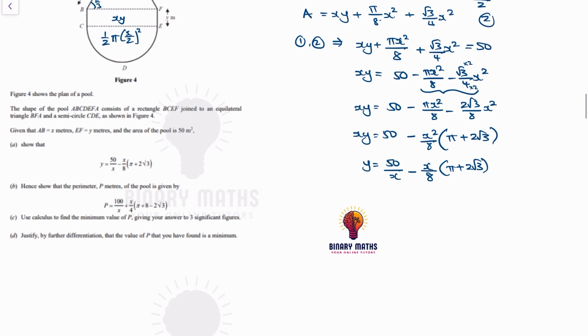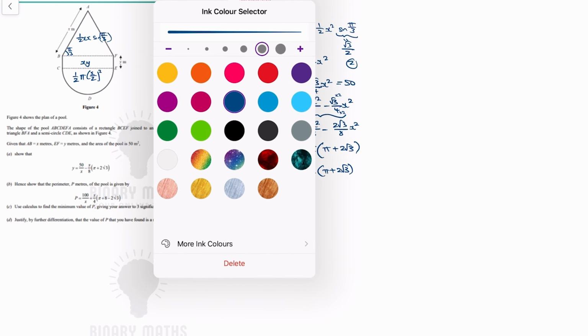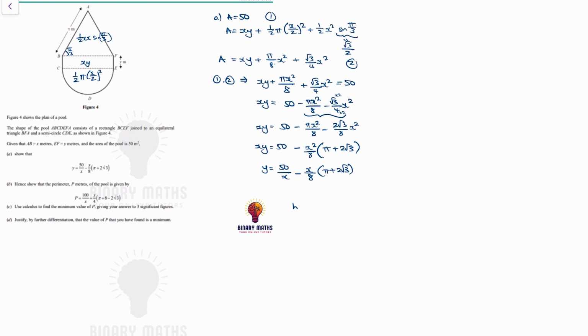Okay, part B. Hence show that the perimeter P of the pool is given by this. Okay, perimeter is equal to, if I go around, this is y, this is y, this is equal to half 2 pi r.